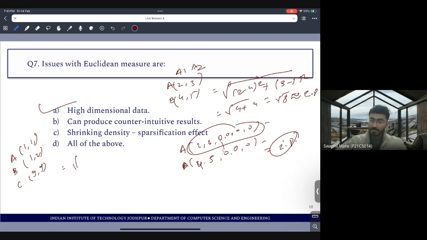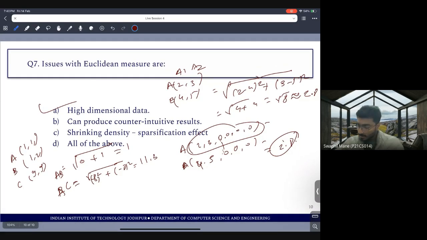Calculate the Euclidean distance for A and B only. So 1 minus 1 is 0, plus 1 minus 2, that is minus 1 bracket square, which is 1. Then for A and C, the distance is 1 minus 9, that is minus 8, bracket square, plus minus 8 bracket square, which will be near about 11.3 something, okay, AC, right?